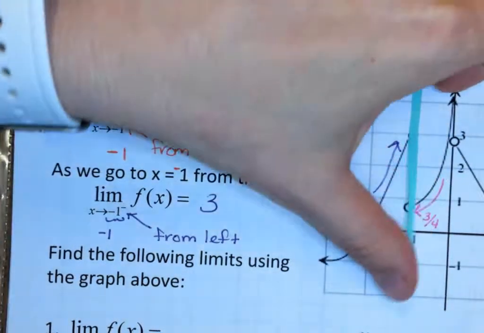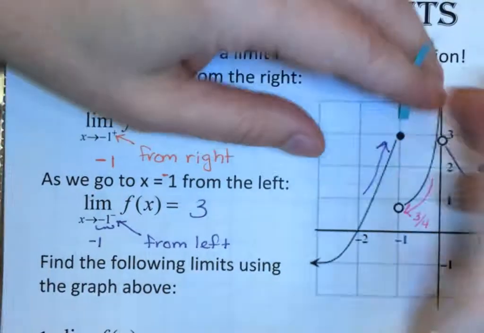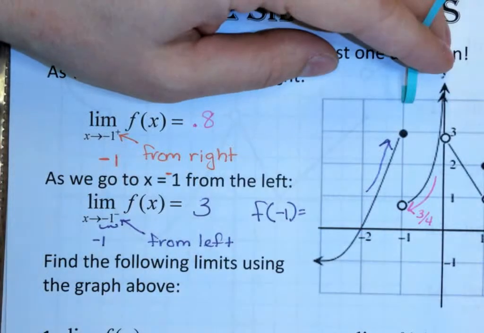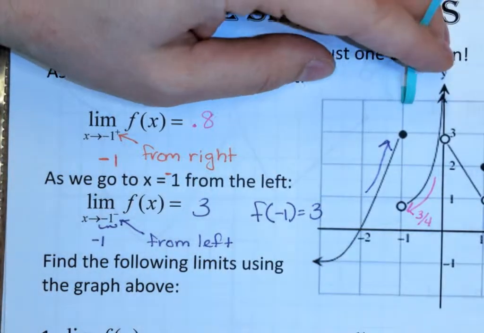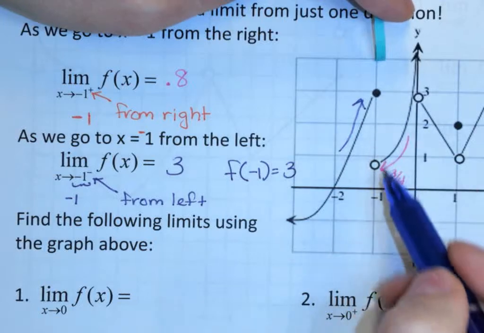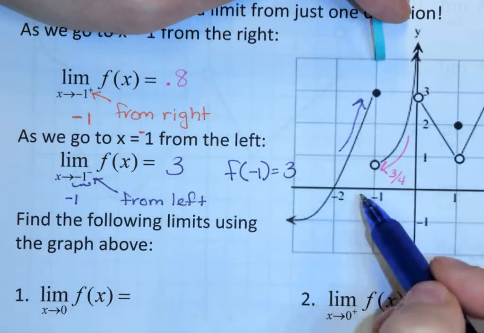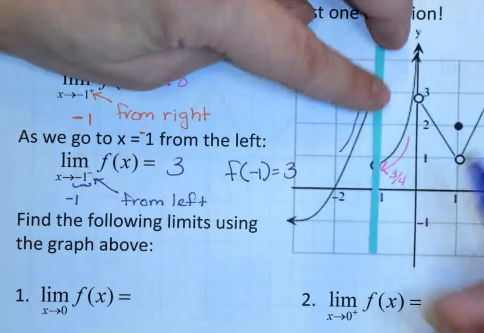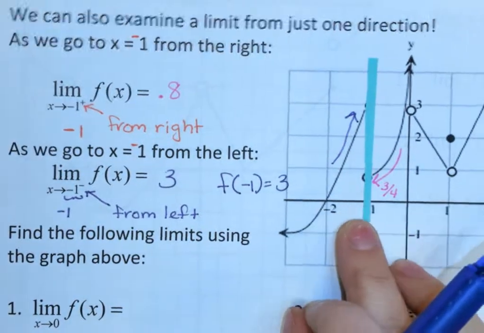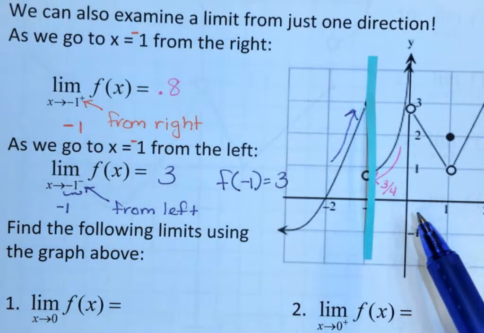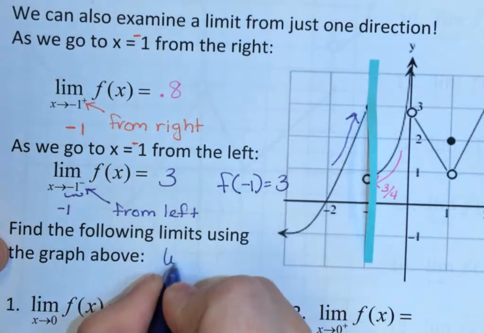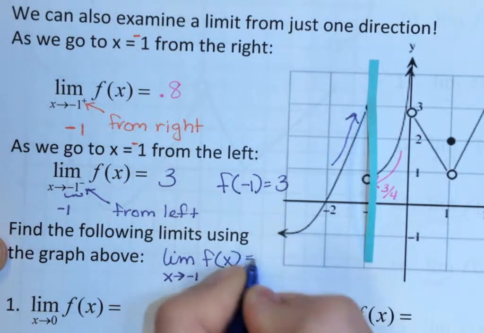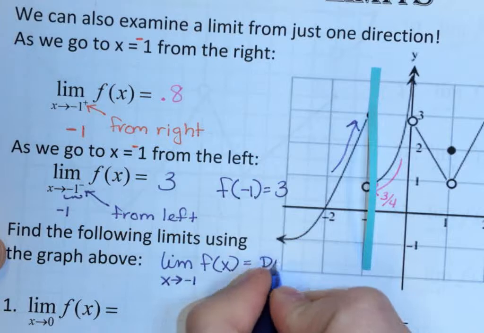And just as a quick little reminder, if I were to pull that off and take another look, what is f of -1? 3. Is that function continuous right there? No. What kind of a discontinuity is it? We have a jump discontinuity. And if I asked you the overall limit, would the overall limit exist? Like if I just said the limit as x goes to -1 of f of x, what would you say? Does not exist.